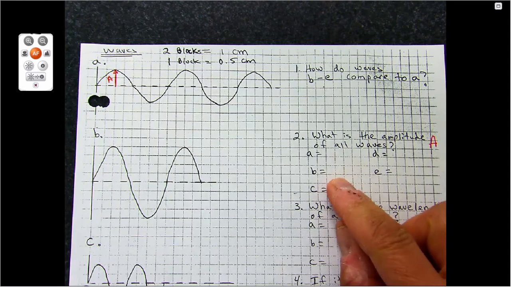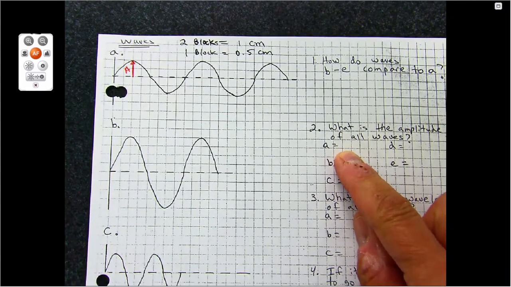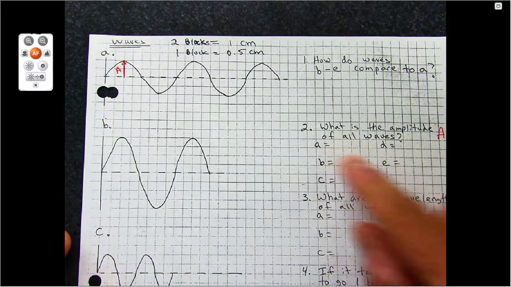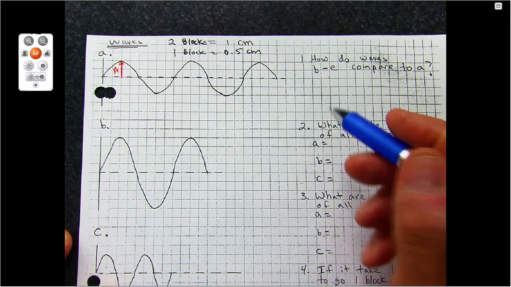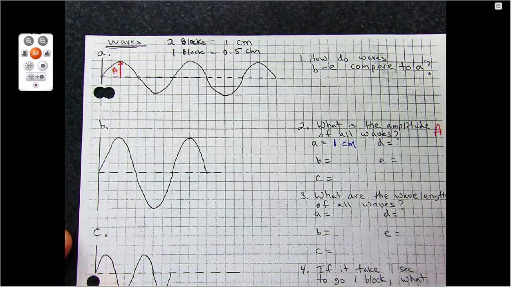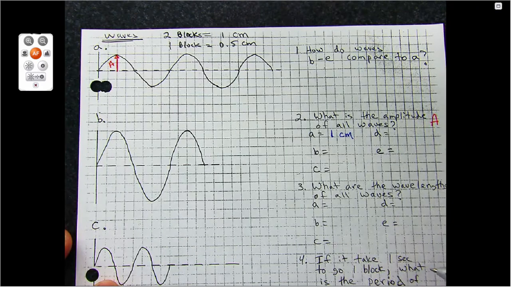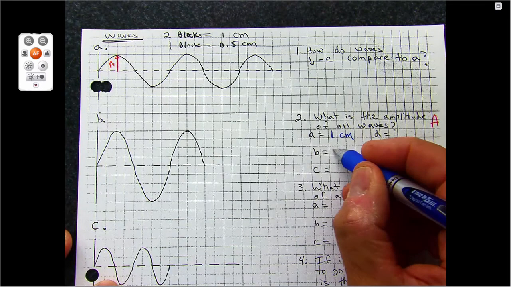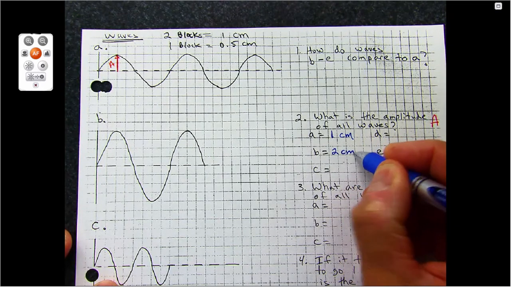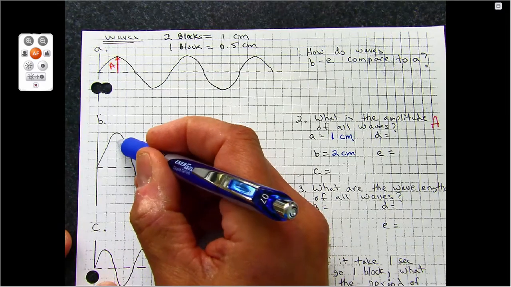So how does the amplitude of B, well, what is the value? What is the amplitude of A in centimeters? This is 1 centimeter, isn't it? What's the amplitude of B? This would be 2 centimeters. 1 block is a half a centimeter, so half, 1, 1.5, 2.